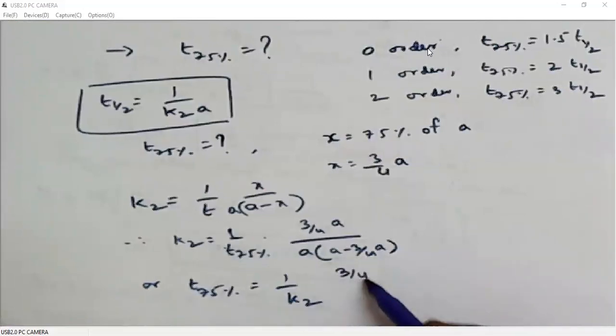So 3 by 4 by 1 by 4 of A. This is the A.